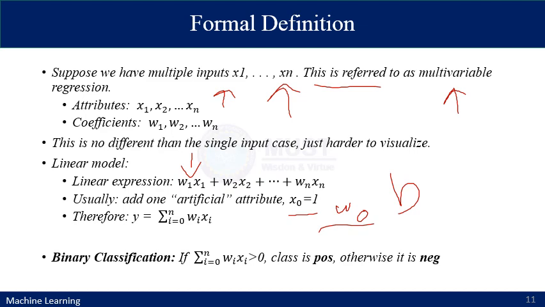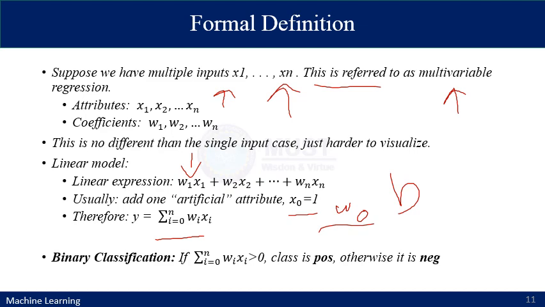Therefore, when you add all of these variables in the linear expression along with the artificial attribute, you will have a prediction y, which is the summation over all of the features from 1 to n. So for the regression case, this will predict an actual value, which will be continuous.